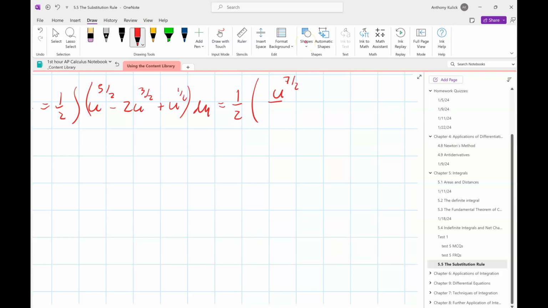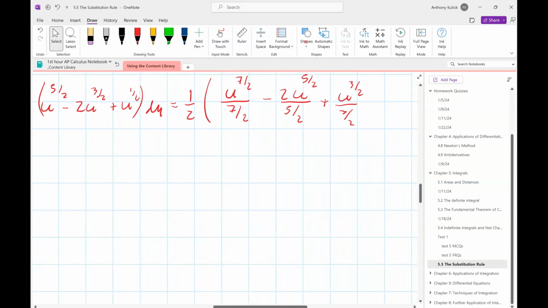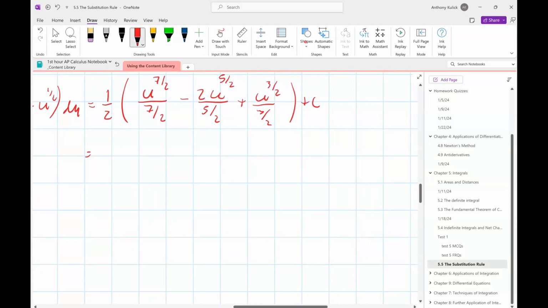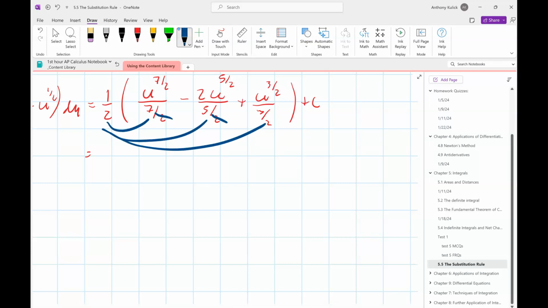So add 1 to 5/2, I get 7/2. Add 1 to 3/2, I get 5/2. Add 1 to 1/2, I get 3/2. And so if I simplify this down, if I distribute that 2 through the bottom, that's going to nix all the denominators, right?